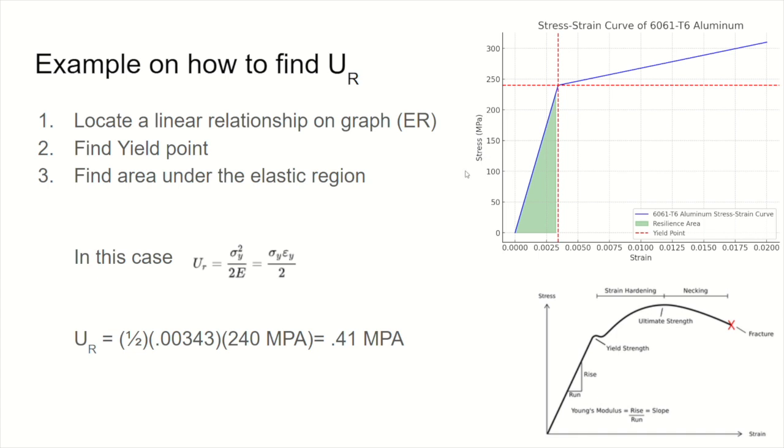So first you will locate the linear relationship in the elastic region. Then you will find the yield point, and then find the area. Using 1 and 2, we can do 3.